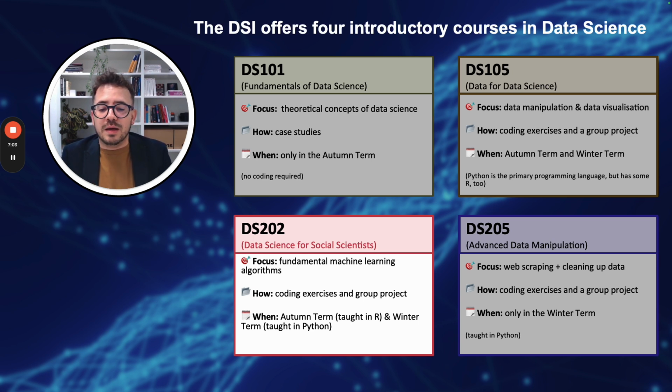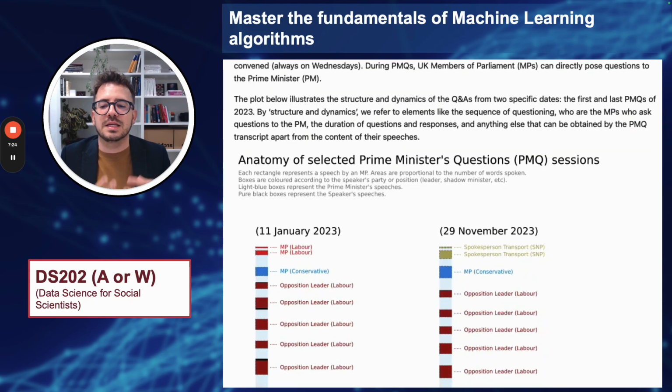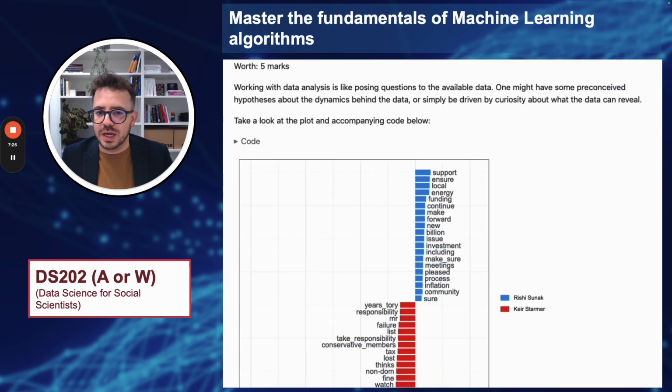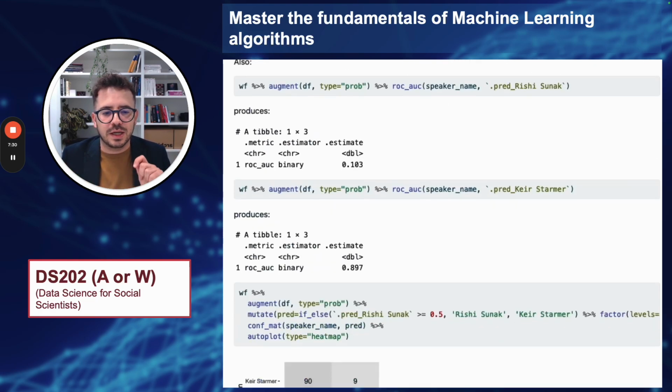And we do that by giving you some coding exercises, and there will be a group project towards the end of this course. You are invited throughout this course, and this is something that is similar across all courses, to not only run code and apply machine learning algorithms to some data, but to reflect on what it is that this algorithm is bringing me.